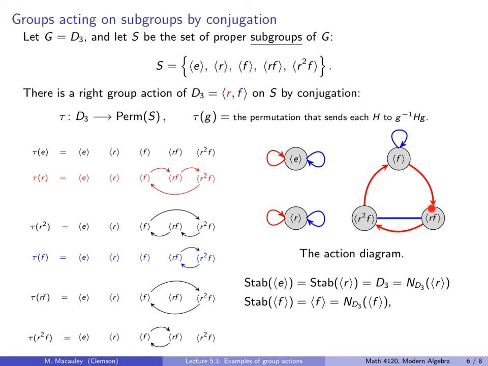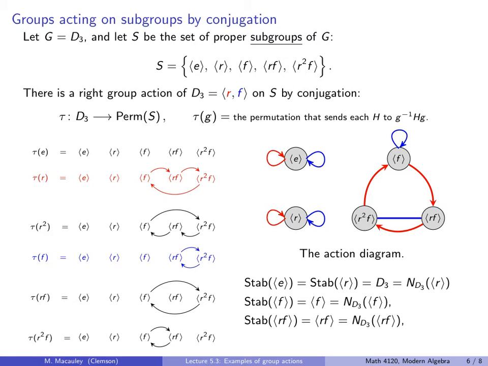There's also RFR, but that's also just F. So the stabilizer of this has got to have order 2 by the orbit stabilizer theorem. The orbit has size 3, and the group has size 6, so the stabilizer must have size 2, and here it is, the normalizer of the subgroup.